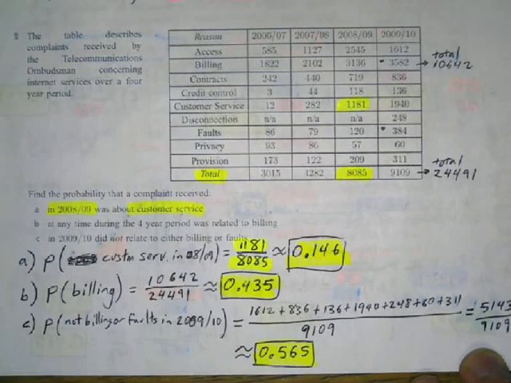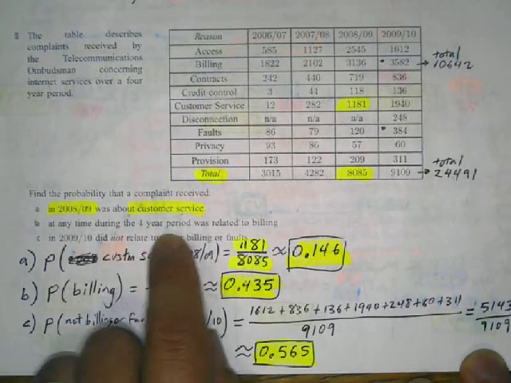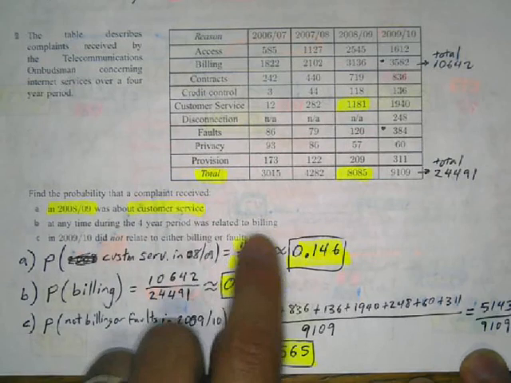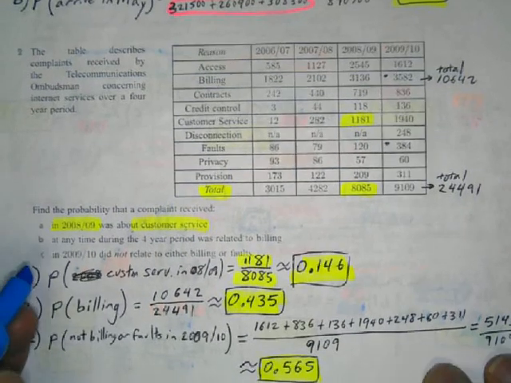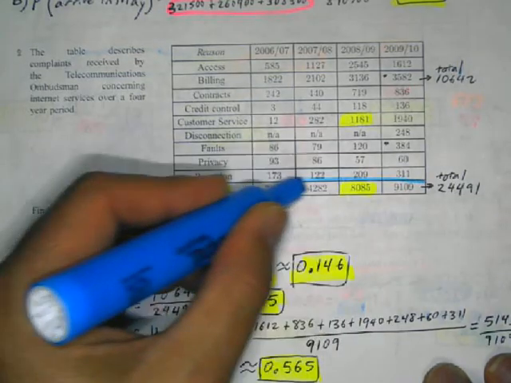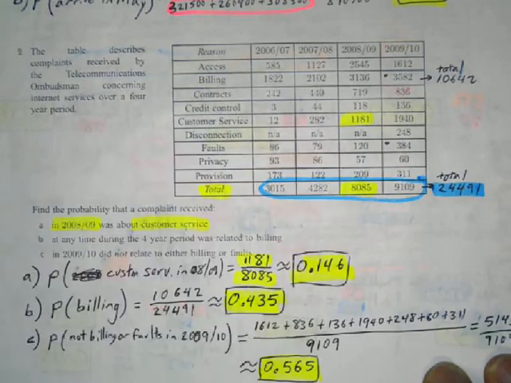Okay. Now, the next one. At any time during the 4-year period, what's the probability that it was related to billing? So at any time in the 4-year period, I have to add all of these together, and that total is this value here. So that's my denominator.